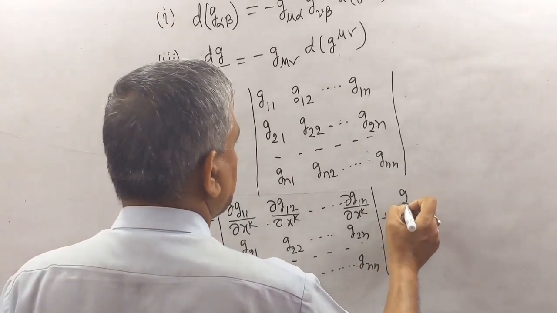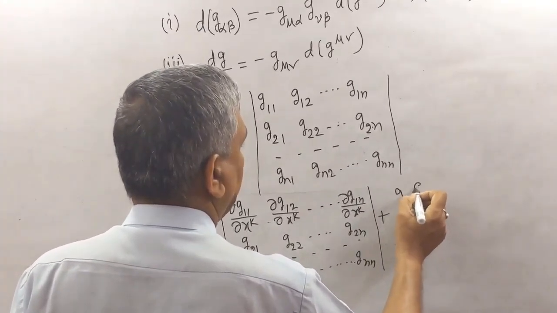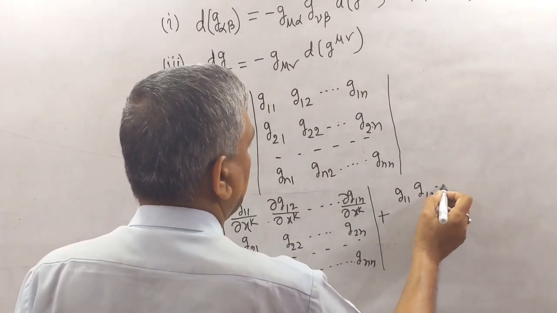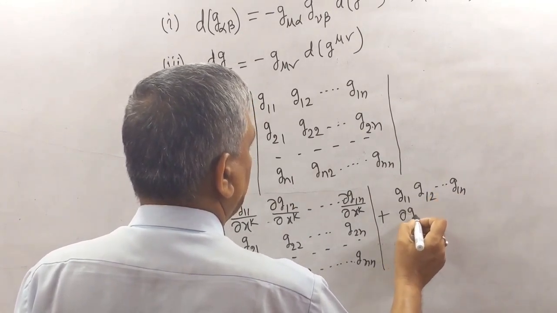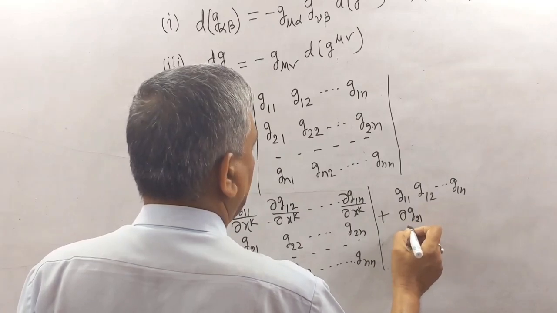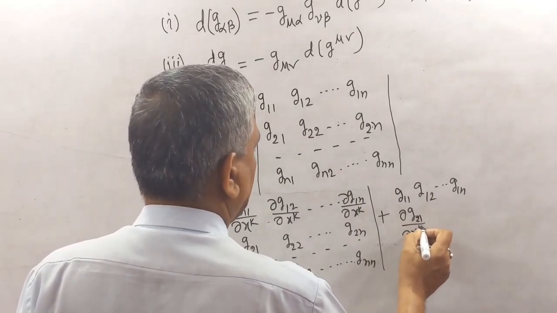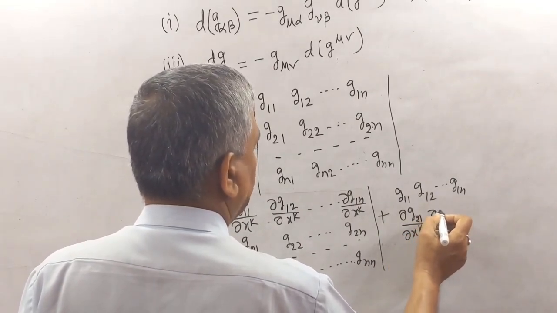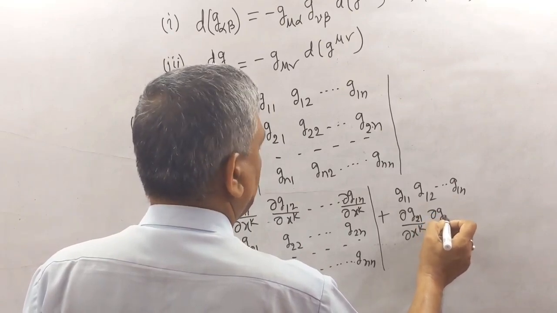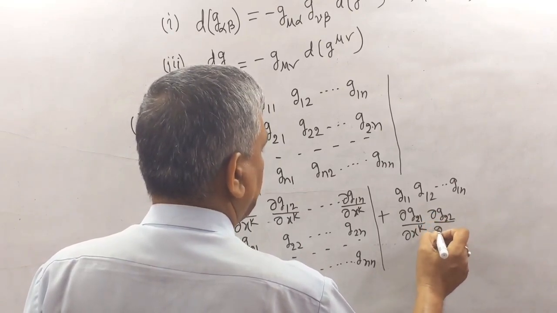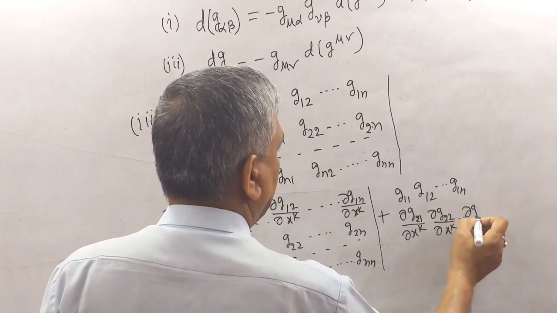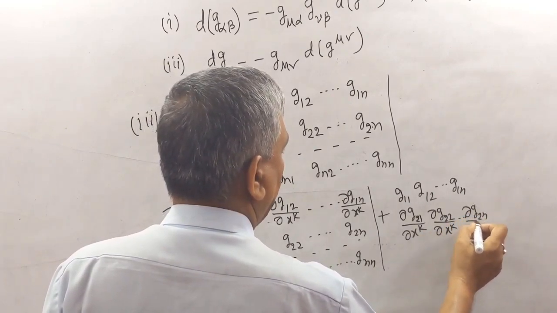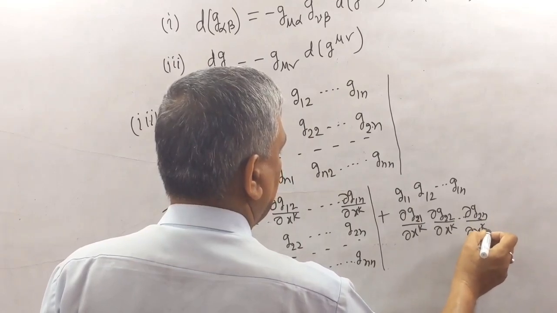The first row remains the same, G11, G12, G1n, del G21 by del xk, del G22 by del xk, dot dot dot, del G2n by del xk.